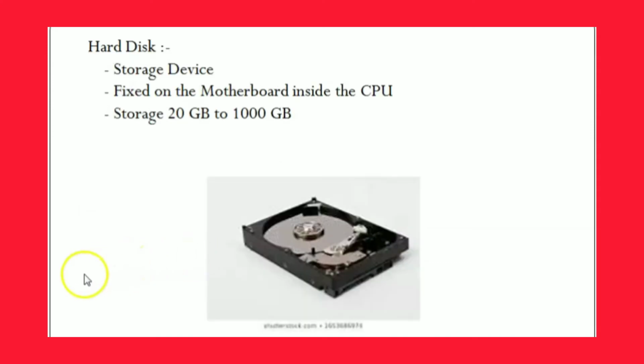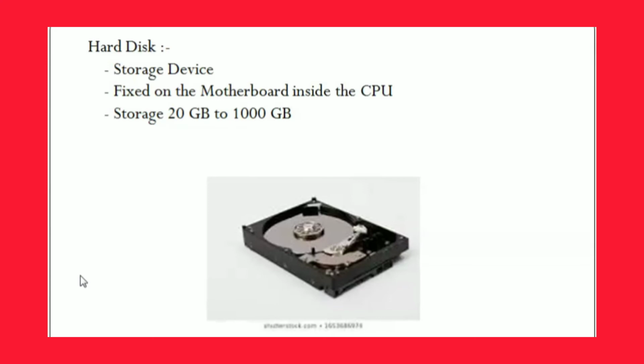Then in secondary memory, the hard disk is there. It is the basic storage device of the computer. It is fixed on the motherboard inside the CPU cabinet of the computer. All the programs such as the operating system and the data, meaning files and folders of a computer, are stored in it.